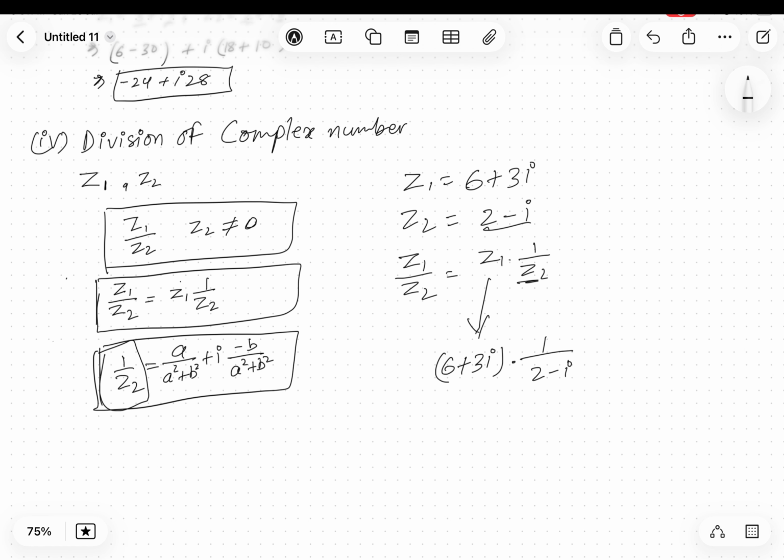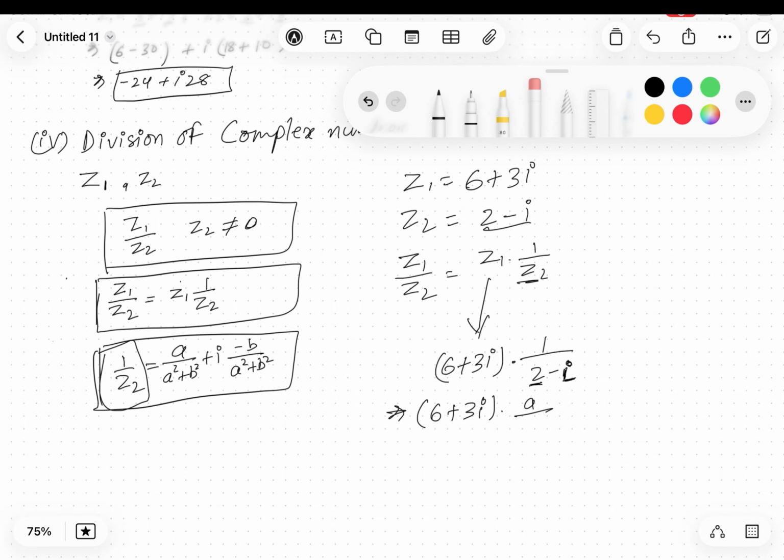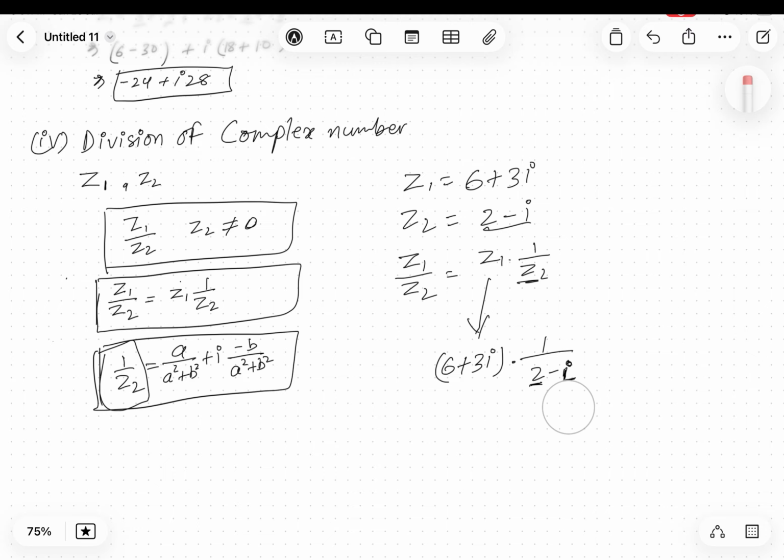Now I can write this 1 by z2 in this form, right? So let's write it down, 6 plus 3i into, this is a and this is b. So a is 2, b is minus 1. Actually this is iota, so 1 is hidden there. Let me just clear this also.